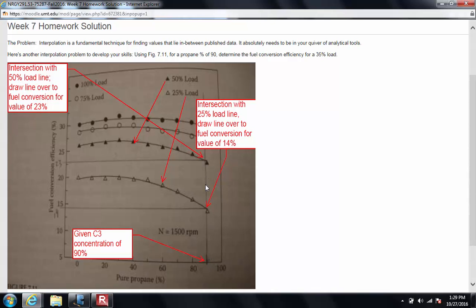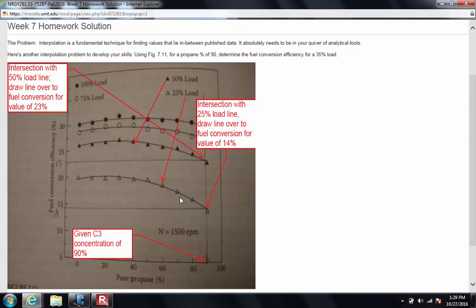We know it's going to be somewhere between 50 and 25, and a little bit closer to 25, obviously, rather than 50. So I can eyeball it, take a ruler, and say that looks pretty close to about 18% efficiency.